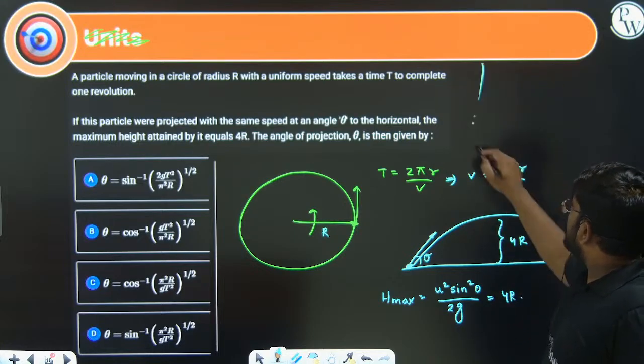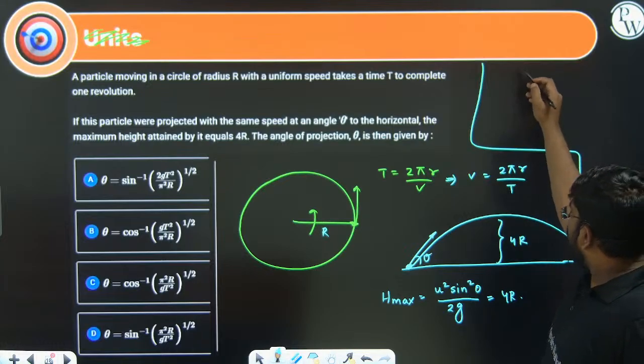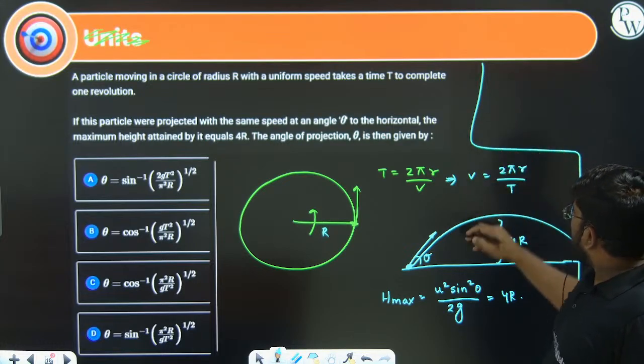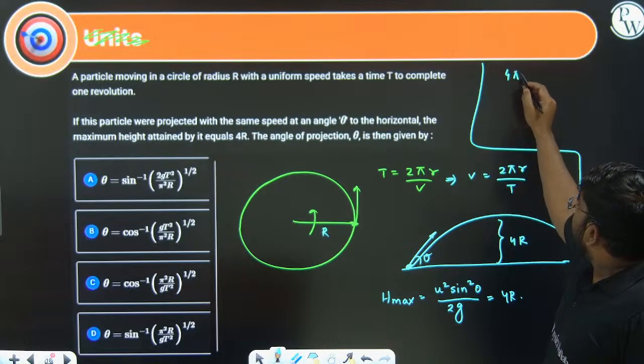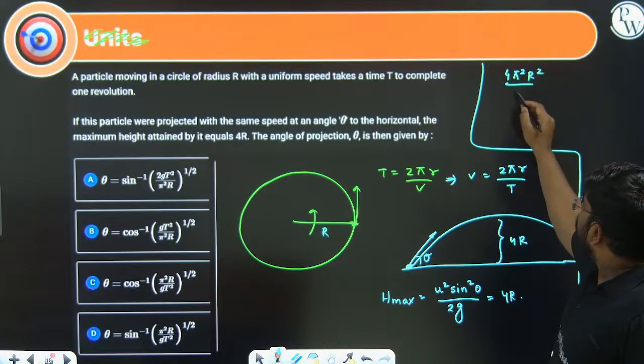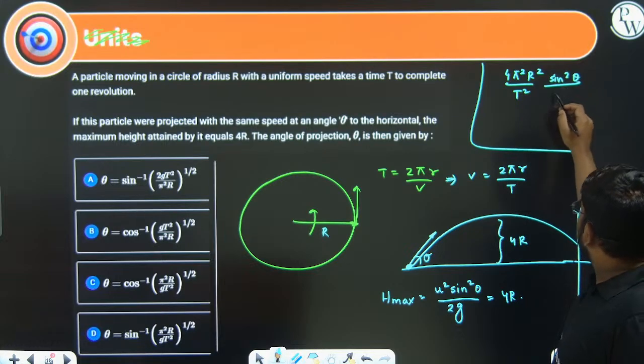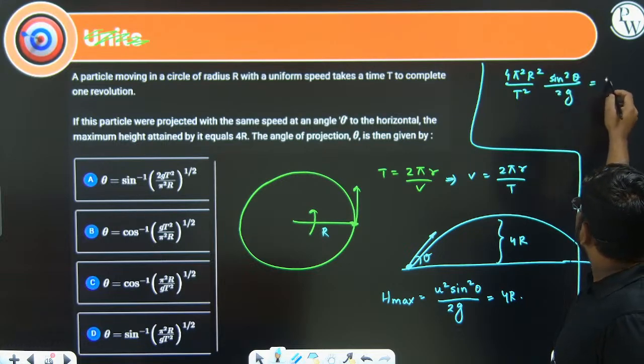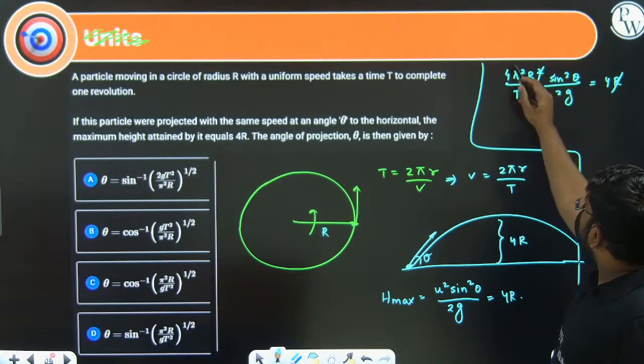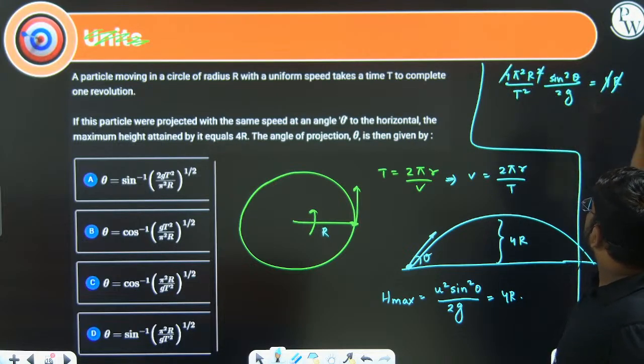Now if we start solving, in 2 steps we will get the answer. So we square the velocity, which becomes 4 pi square r square by t square, times sine square theta by 2g, is equal to 4r. So 1 r got cancelled, 4 got cancelled. Now send everything this side.